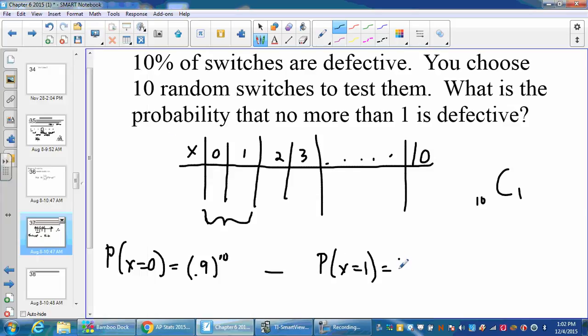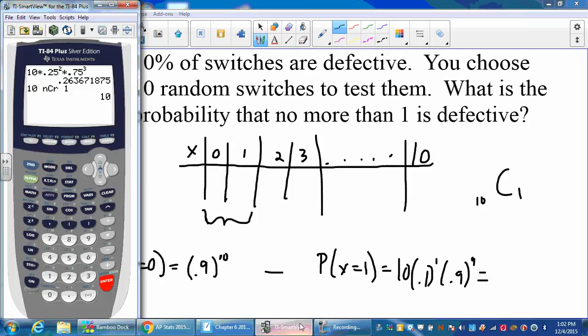So I'm going to multiply 10 times the probability I get a defective, which is 0.1, and we're going to have 1 that's defective, so we've got to have 9 that are not defective. So to find this probability, I do 10 times 0.1 times 0.9 to the 9th. And I get 0.3874.